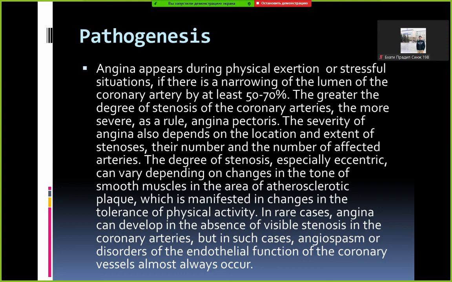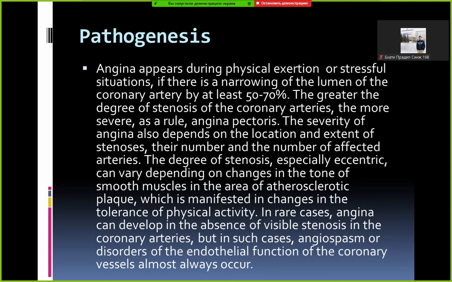50–70%. The greater the degree of stenosis of coronary arteries, the more severe, as a rule, angina pectoris. The severity of angina also depends on the location and extent of stenosis, their number and the number of affected arteries.